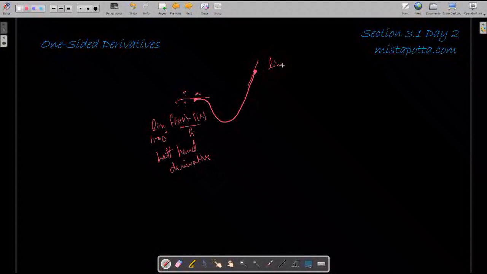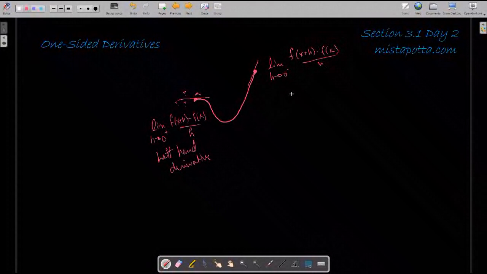Similarly, if I'm doing the limit as h approaches 0, I do need to restrict h approaching 0 from the negative side of my difference quotient, f of x plus h minus f of x all over h. And so this ends up giving me a right-hand derivative.